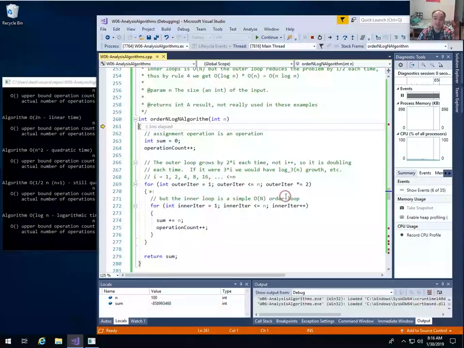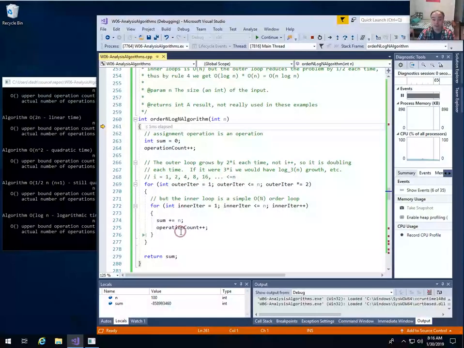So the good sorting algorithms that we're going to look at this week, like merge sort or quick sort, they have an outer loop that happens in linear time, that happens n times, but the inner loop happens only log n times, right? So anyway, by that multiplicative rule, the outer loop is n, the inner loop is log n. So these two loops combined, when we multiply them together, is big O of n times log n.